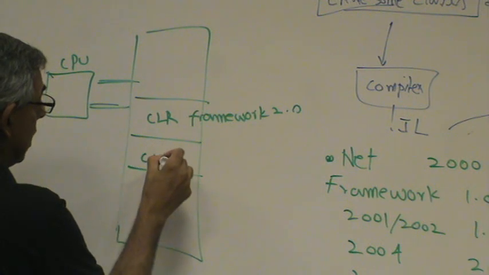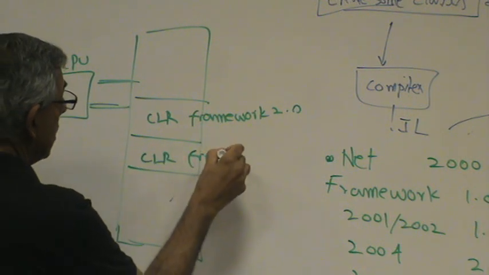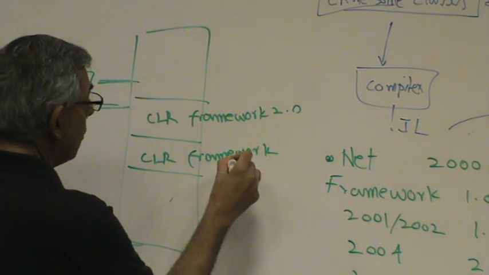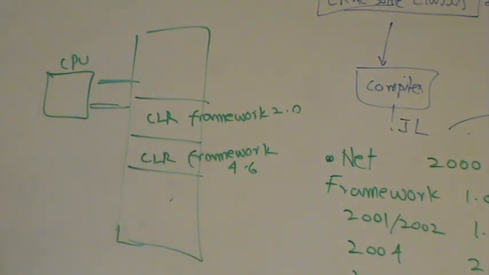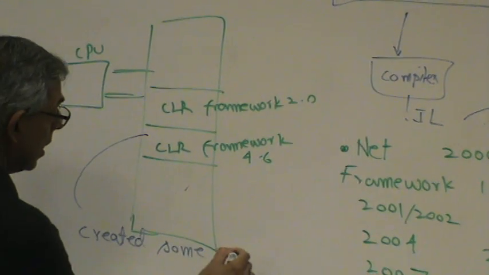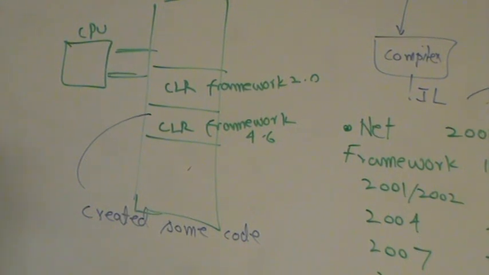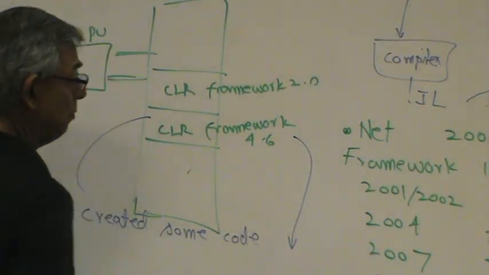There could be a CLR for framework 4.6 as an example. There could be a CLR for framework 3, and so on. They can exist simultaneously. So for example, if you created some code over here, and some of the classes it's using are coming from this framework library.